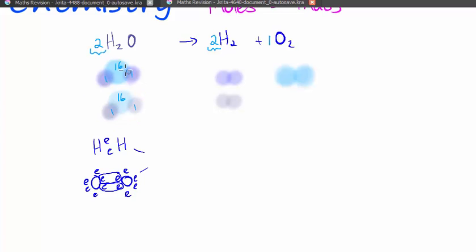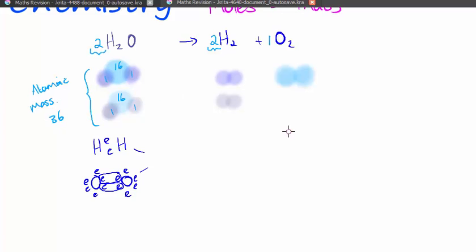So if I count the total number here, we have 16, 32, 33, 34, 35, 36. So in total, we have an atomic mass of 18 plus 18 is 36.